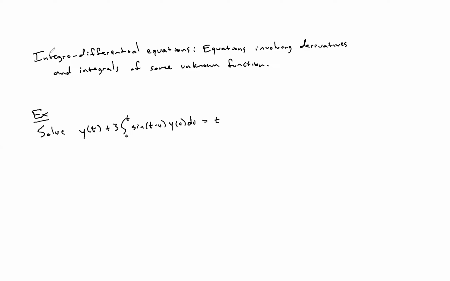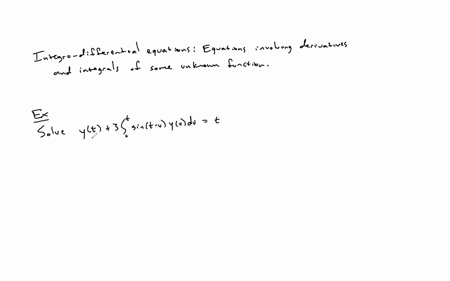Well, it's exactly what it sounds like. It means it's an equation that can involve derivatives or integrals of a function. All right, so any equation involving derivatives and integrals of some unknown function is called an integro-differential equation.